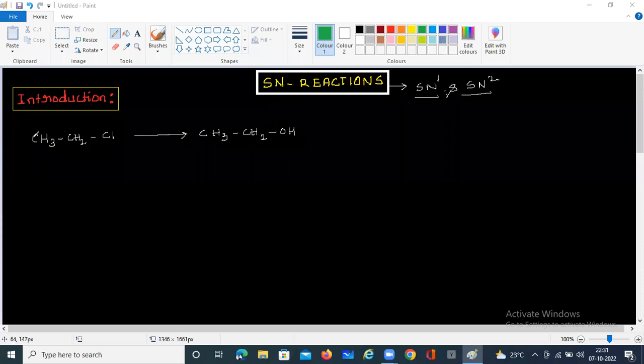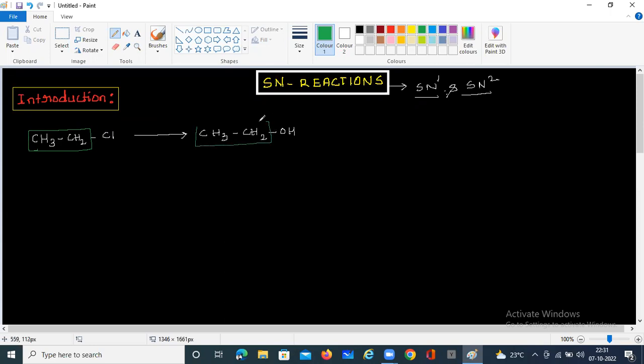See, in this reaction, what are we going to be observing? The CH3CH2 part is the same on the reactant side, and the CH3CH2 part is also the same on the product side. So this one we can say is the substrate or reactant.